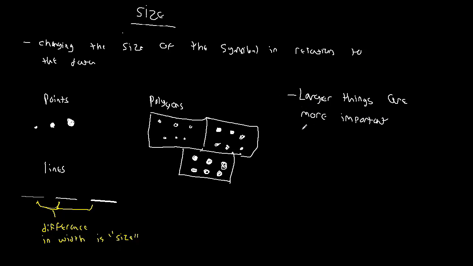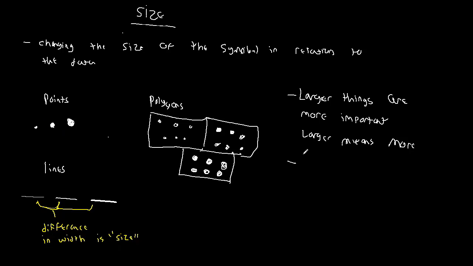Or that on a scale, right, larger means more. Meaning, right, if we have differing size points, people are naturally going to assume that as long as they're part of the same data set, that a point that has a larger size is going to represent a larger value or a higher ranking or whatever than a smaller point in the same data set.